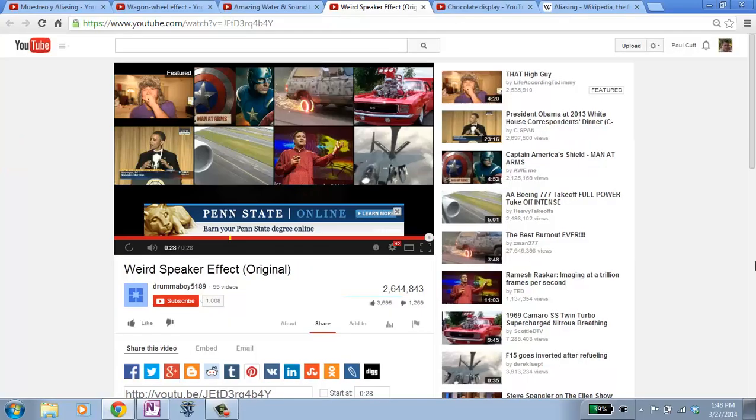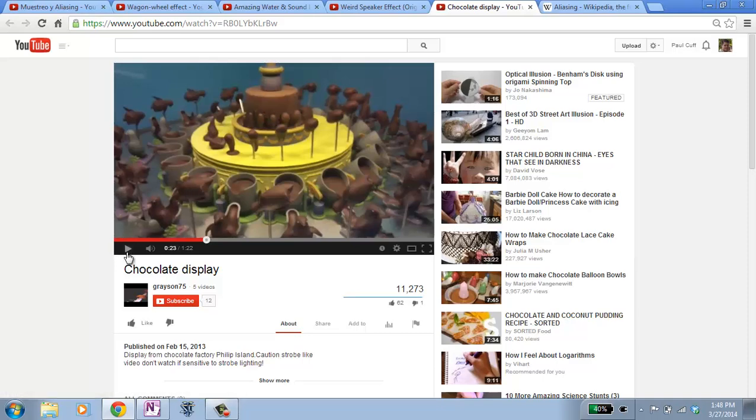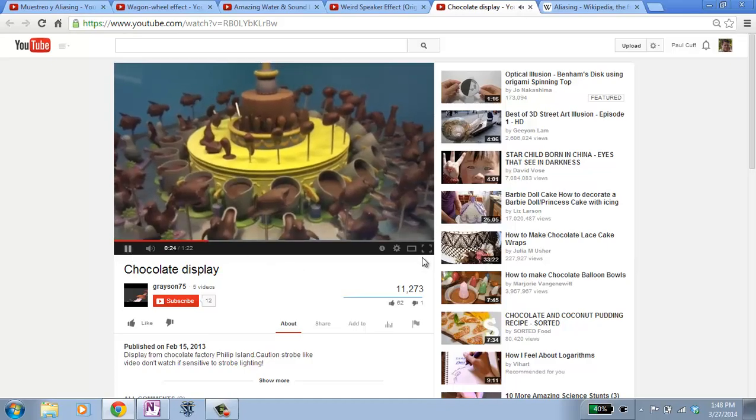You can do the same thing with strobe lights, and here's just a fun one. This thing here, it's just stationary, but they're going to spin it and use strobe lights to get it to look cool.